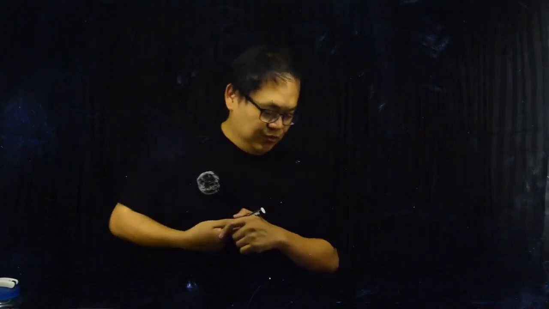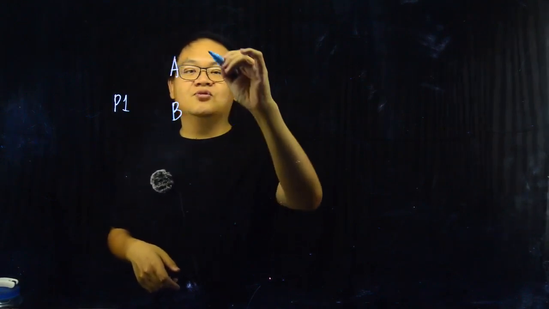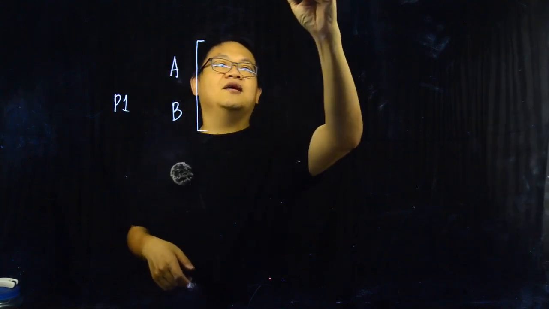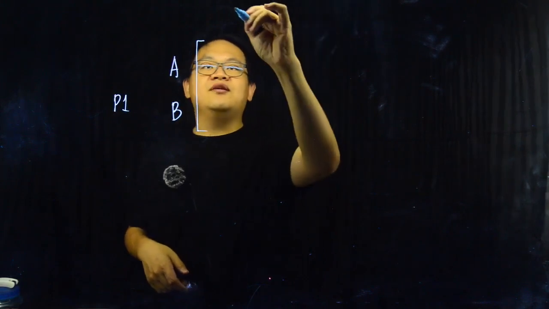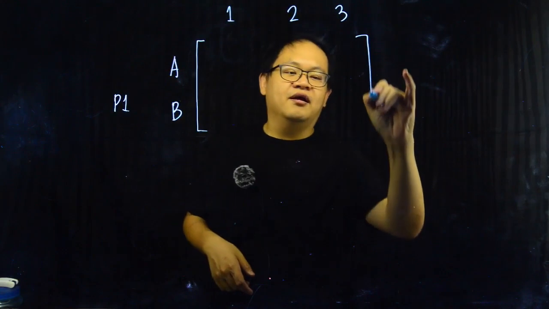Okay, so let's try to apply the concept of dominated strategy in this example. So let's say you have player 1 here, and player 1 has two strategies, A and B. And let's say player 2 has three strategies, labeled as 1, 2, and 3. Okay?